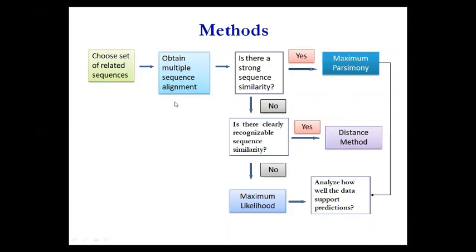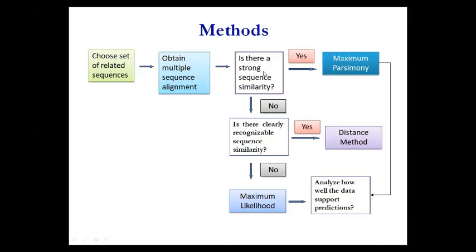After doing the multiple sequence alignment, you analyze the alignment score and the result of alignment and ask this question: is there any strong sequence similarity? By looking into the aligned data, you answer whether there exists a large-scale similarity among the sequences.